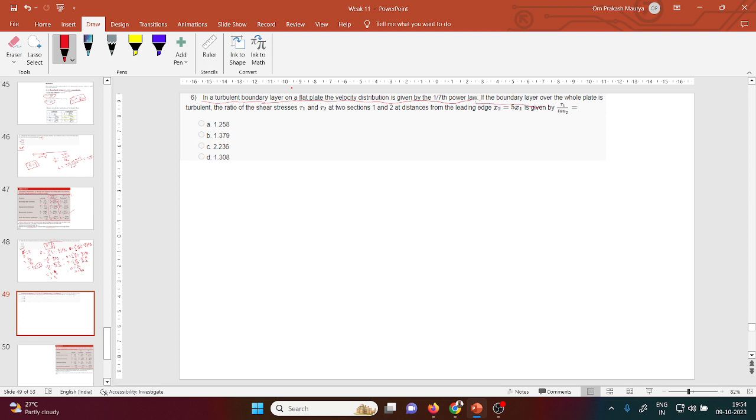If the boundary layer over the whole plate is turbulent, find the ratio of shear stress tau 1 by tau 2 at two sections, 1 and 2, at distances from the leading edge of x1 and 5x1, right? So here is tau 1 and here is tau 2. Your turbulent boundary layer is here. So the ratio of tau 1 divided by tau 2, how much?